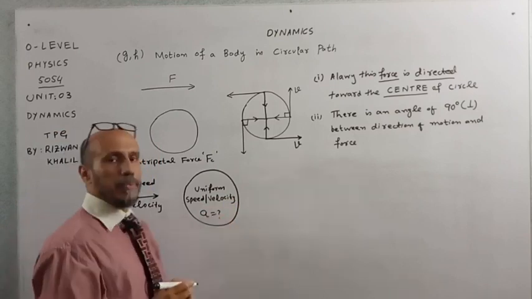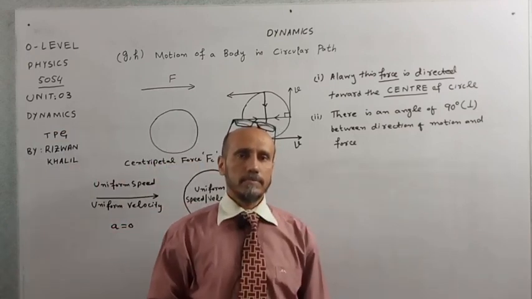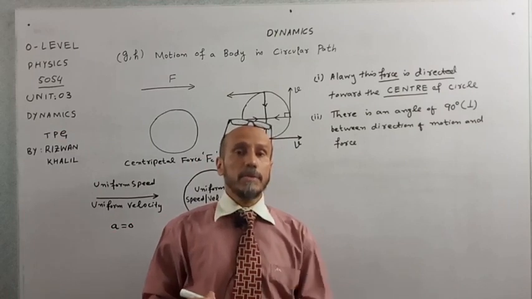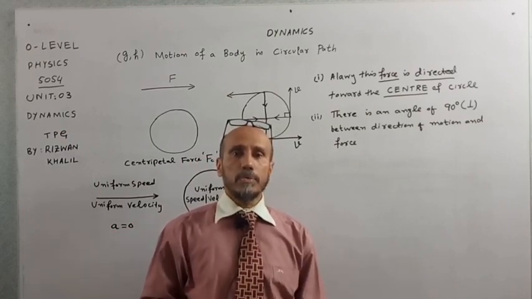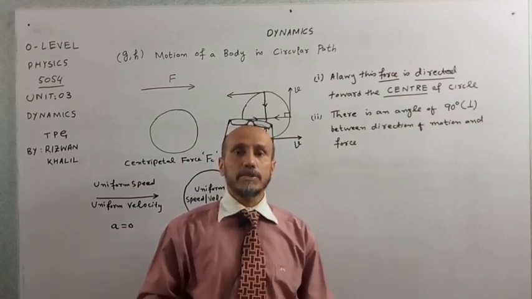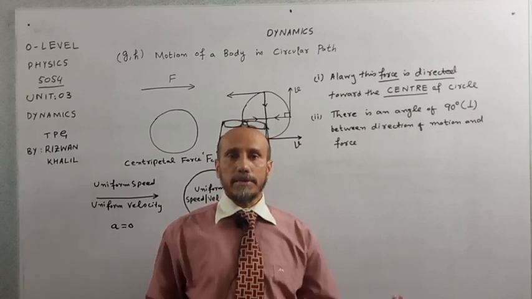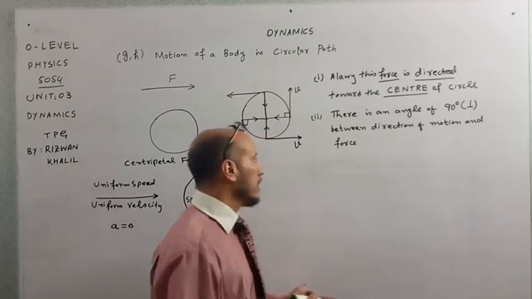Will acceleration be produced or not? Yes, acceleration will be produced if the body is moving with uniform speed in a circular path. How will acceleration be produced? Now we will see.